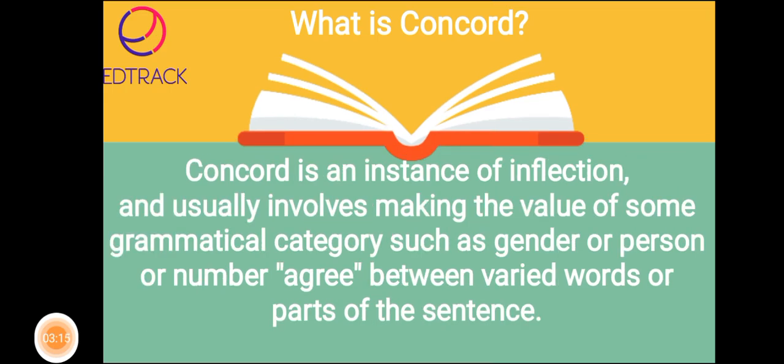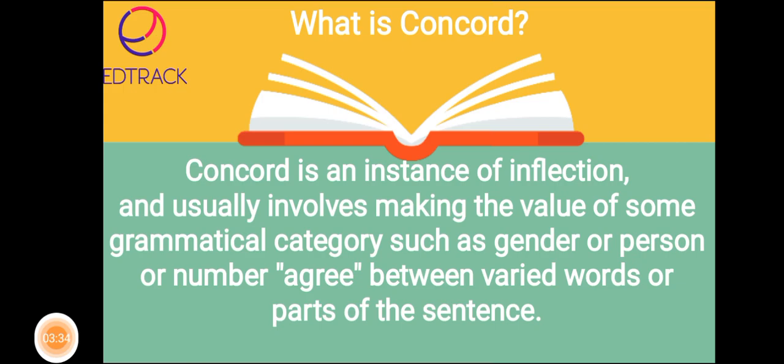Further explanation on Concord. Concord is an instance of inflection and usually involves making the value of some grammatical category, such as gender, person, or number, agree between varied words or parts of the sentence.